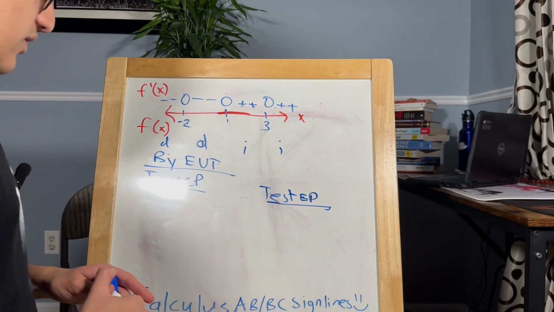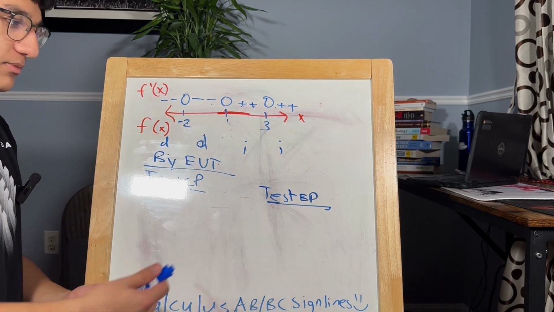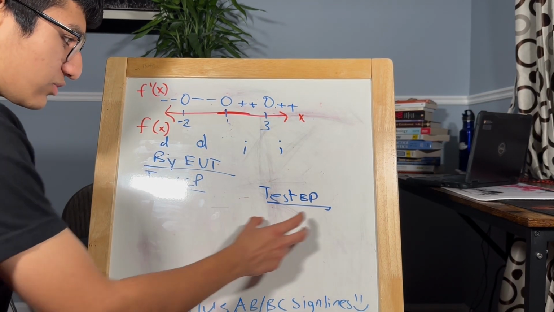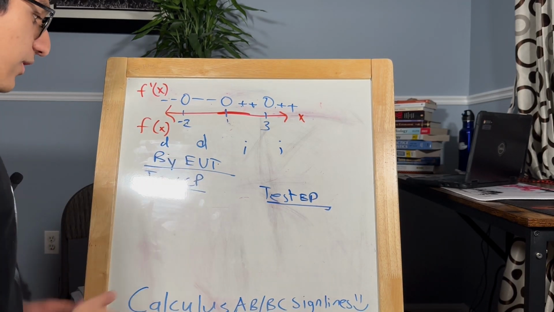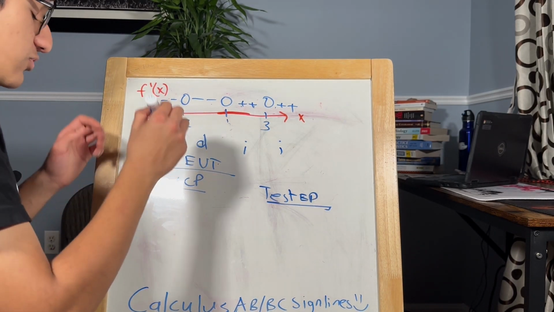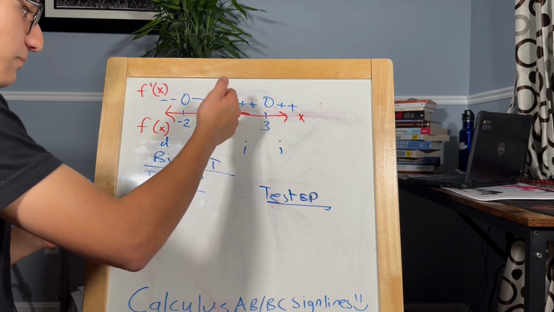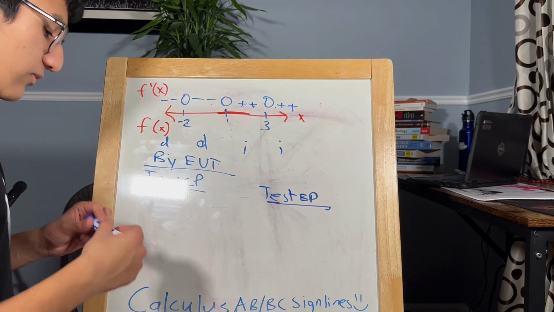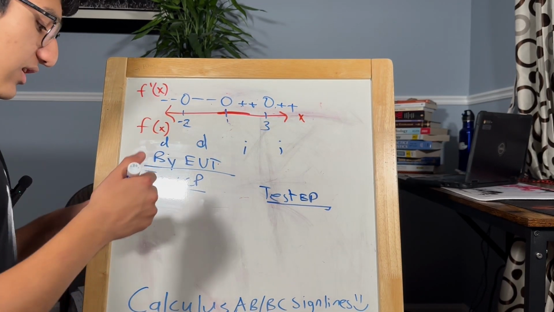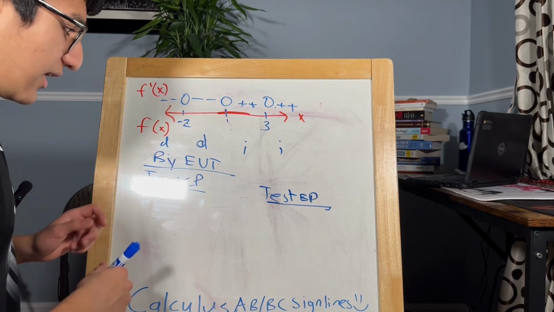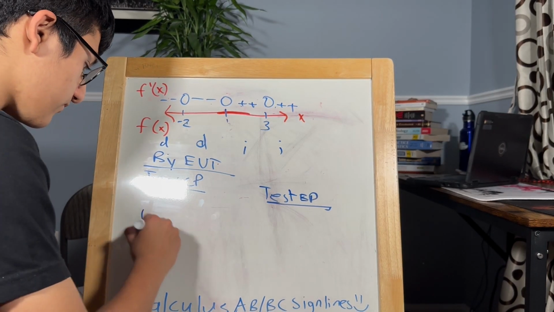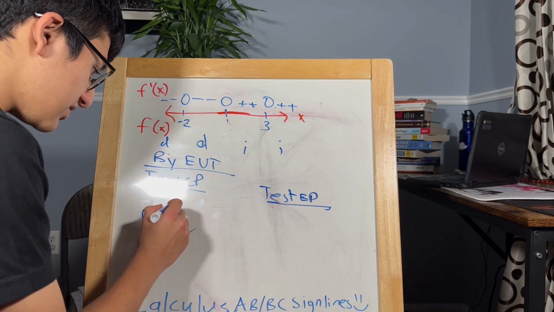And then based on what they ask you, they can be like, oh, the maximum. Whatever number here is the maximum. So you would find the CPs, the critical points and the endpoints, and you would plug them into the original function to get the y value. Let's say we have a function like this. This is the absolute maximum.